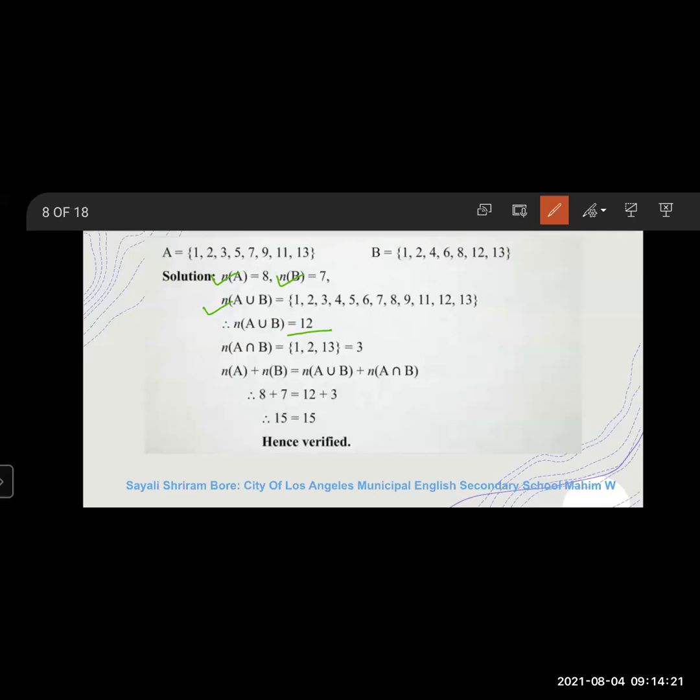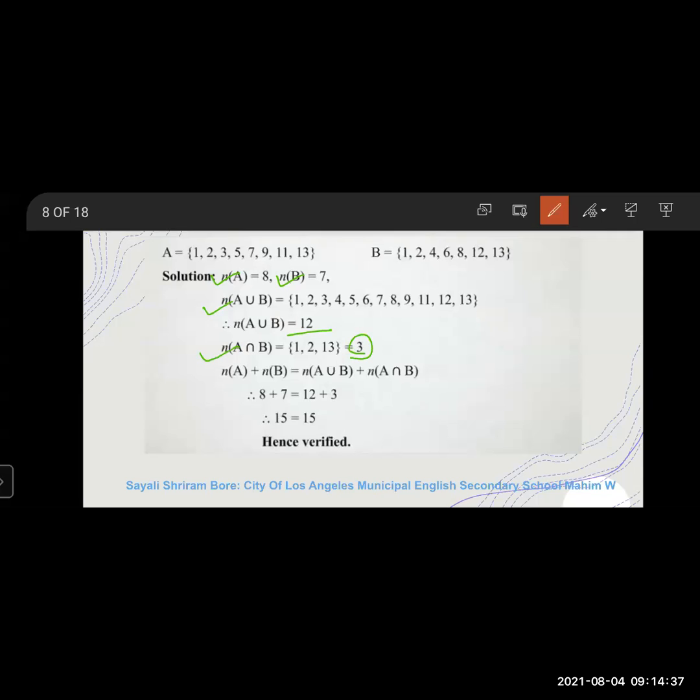Then n of A intersection B. Intersection means common elements. There are 3 common elements, you can see from the sets itself, that is 1, 2 and 13. So n of A intersection B is 3. All the things we have got.